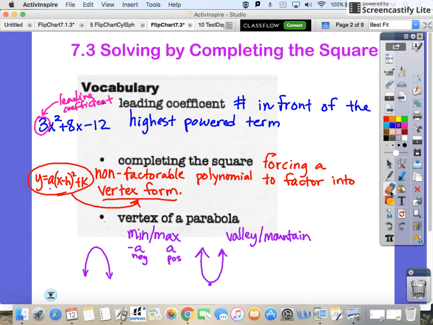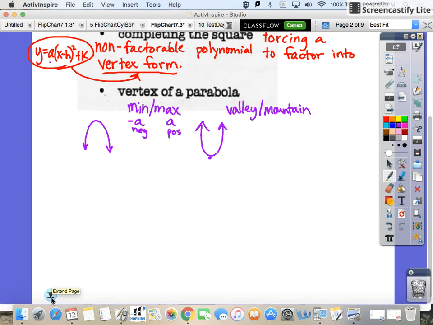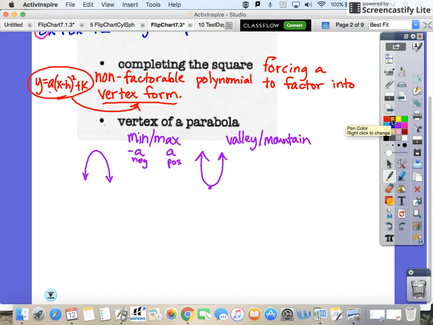So maybe I should actually rewrite this just to keep it in order. If it's a minimum, we will have a valley first, okay, and if it's a maximum, we'll have a mountain. Okay, sorry, we're in good shape. So the form that the equation will take is, I'll give you guys a couple examples. Let's say we had y equals negative 2 times x minus 1 squared plus 7.